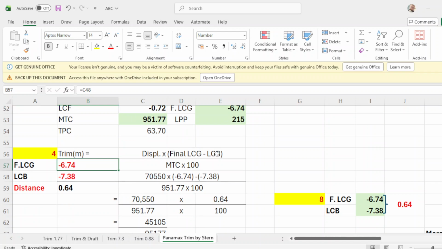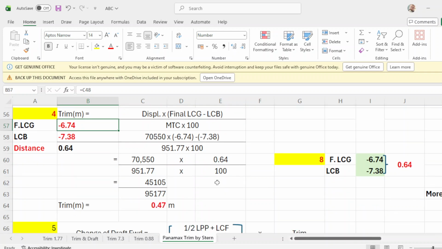Displacement times 0.64, that will be 4510.